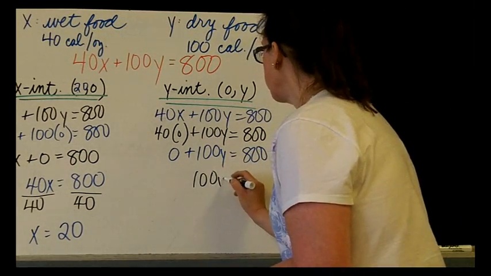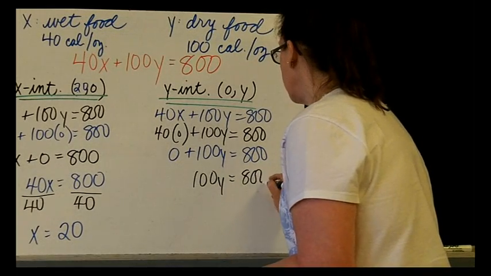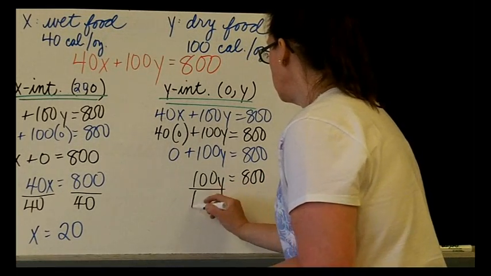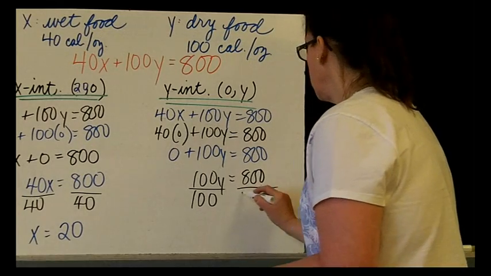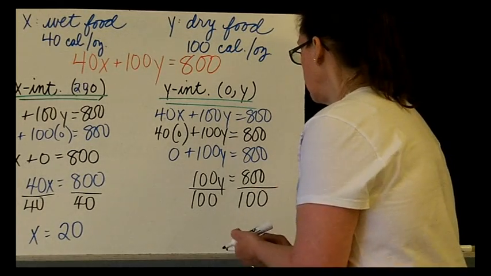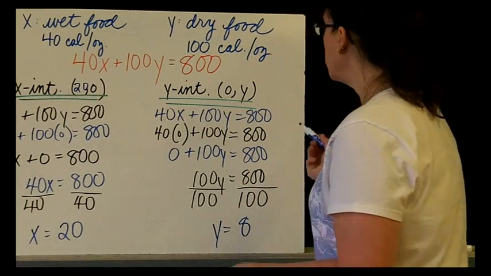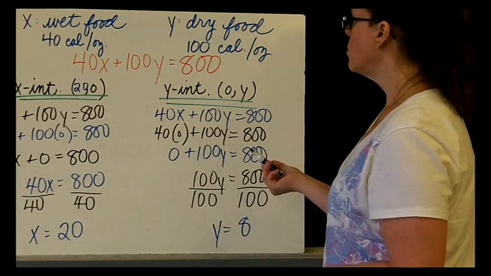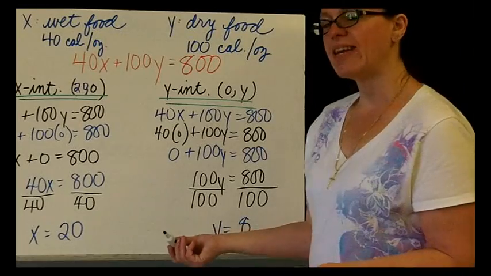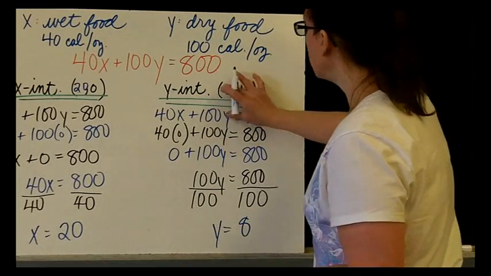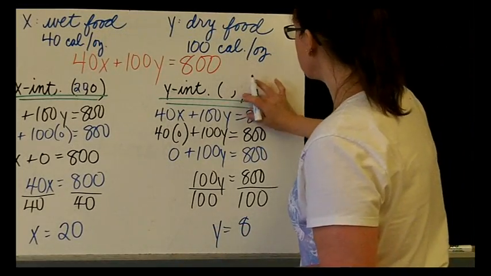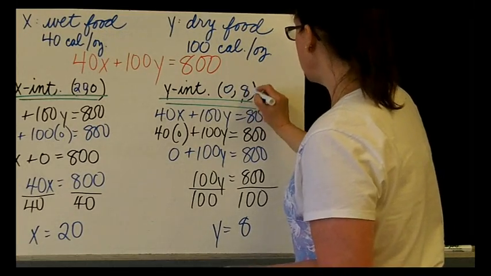Next, we divide both sides by the coefficient 100. And we learn that if we fed our dog only dry food, then he could only have 8 ounces. That's not a lot of food. But we know our y-intercept is (0, 8).